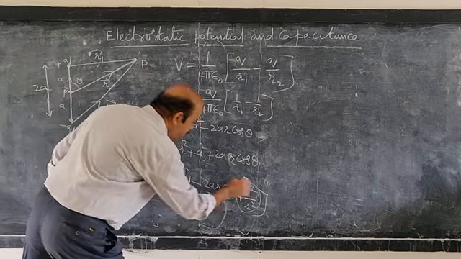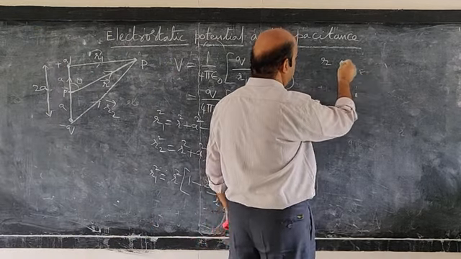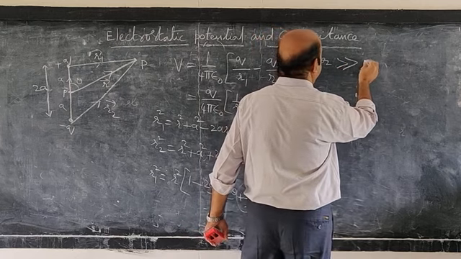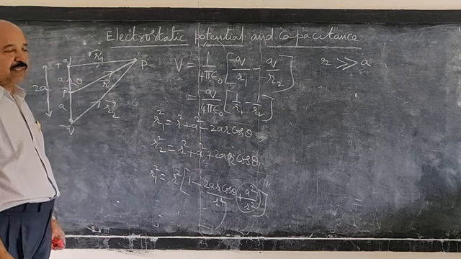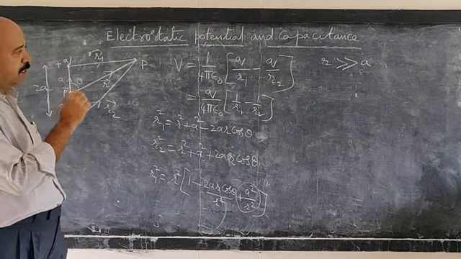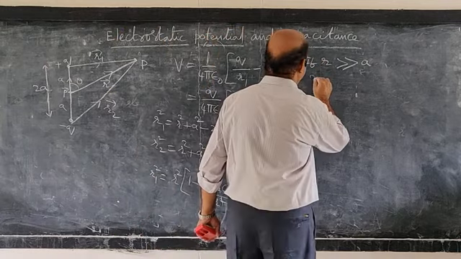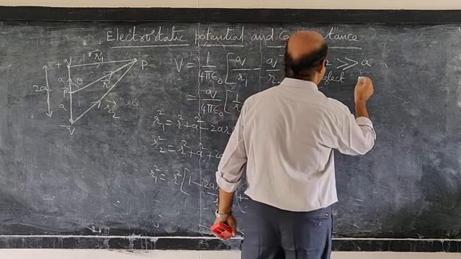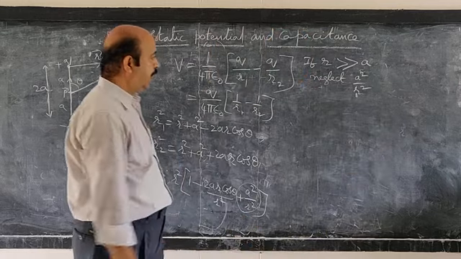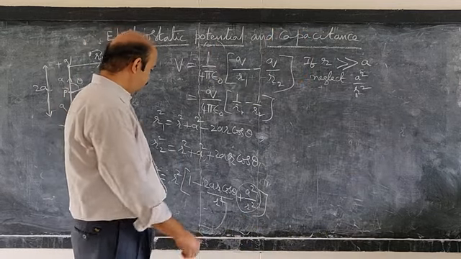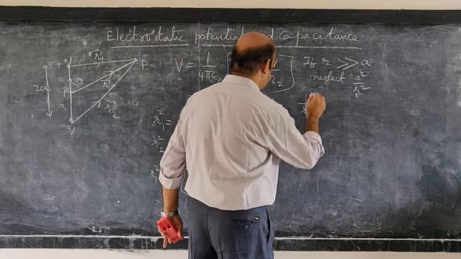Let us assume that the distance of the point you have chosen is far greater than the separation between the dipole charges. So if r is far greater than a, you can neglect this a square by r square. So you can neglect the a square by r square, and then what will this be? 1 by r1 square.